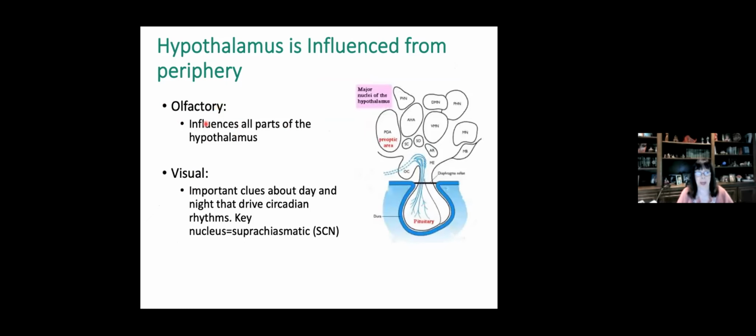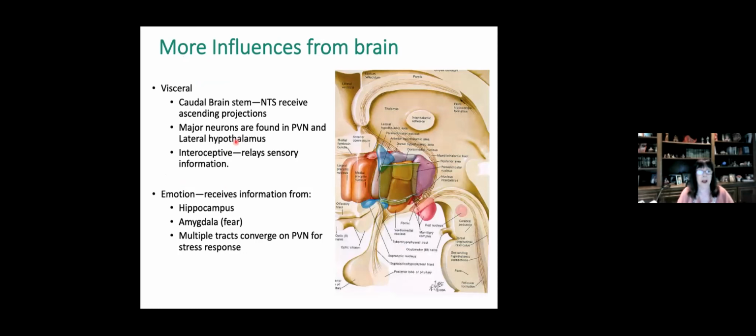Olfactory, so our smell, that would help us detect fire, for example. Visual clues about day and night are very important particularly to the suprachiasmatic nucleus. It receives visceral input from our GI tract and other visceral areas.